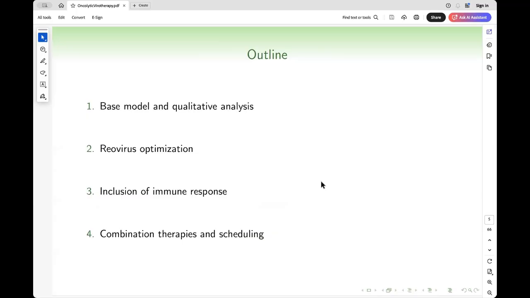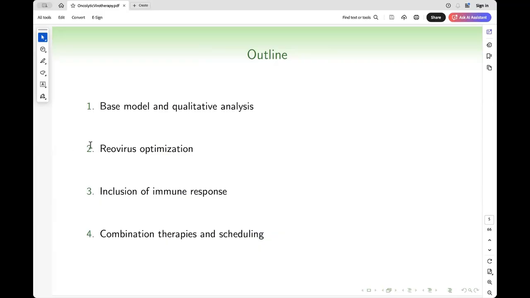So here's the outline for today for the next 40 minutes. I talk about a base model, and then we do a quick qualitative analysis of this, which is really interesting. And then we try to use the model for reovirus.